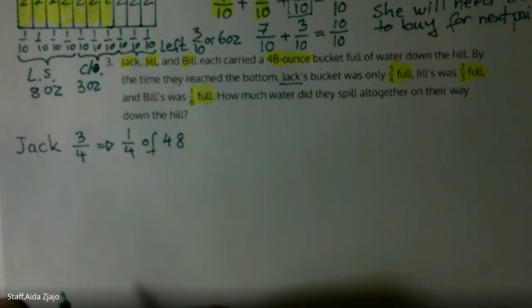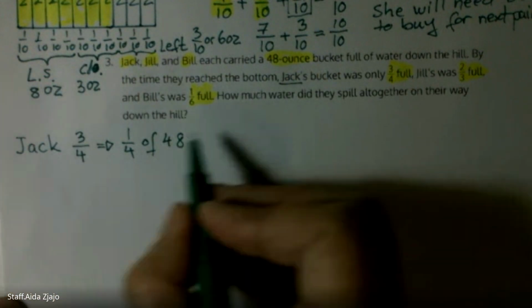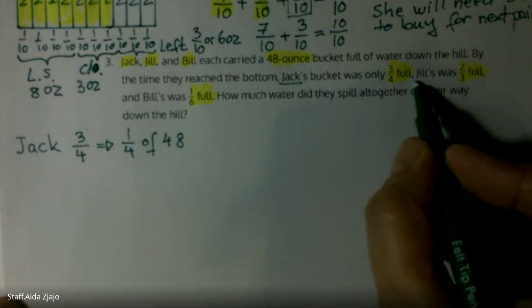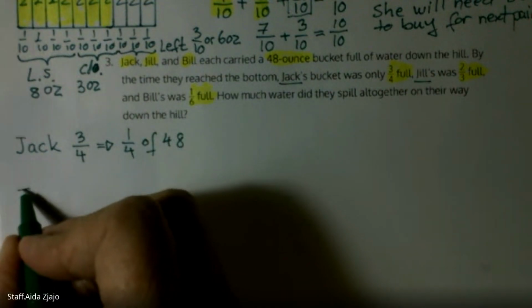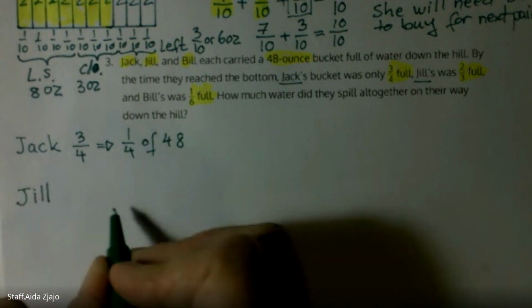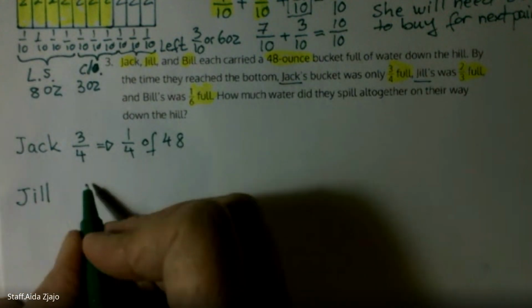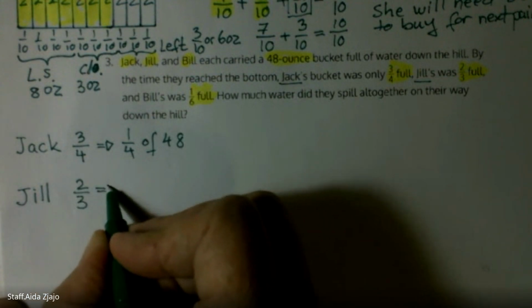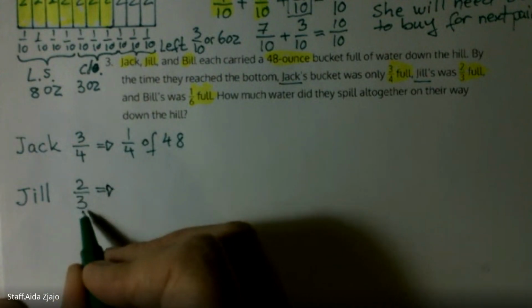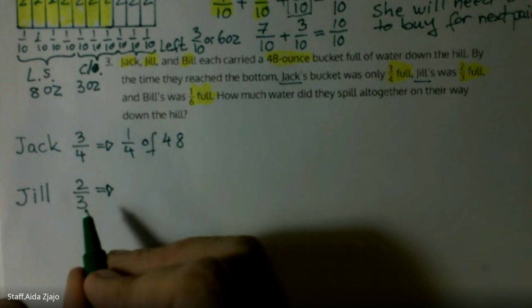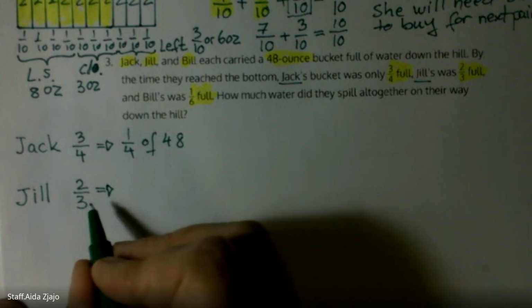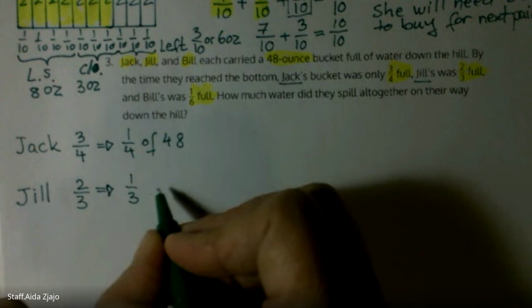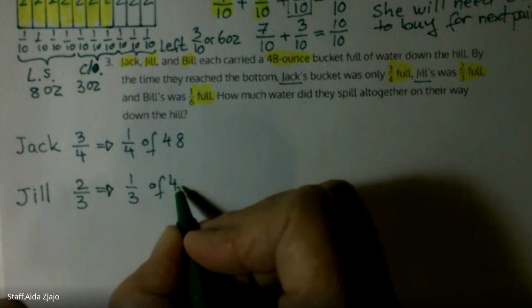And then if we talk about Jill, she brought it back 2/3 full. So 3 pieces makes a whole. 3/3 is a whole bucket. So she lost 1/3 of 48.